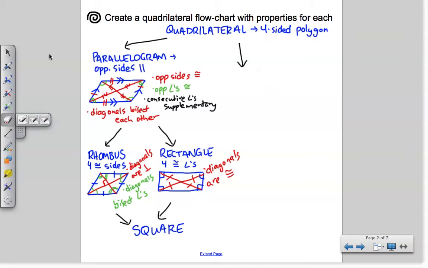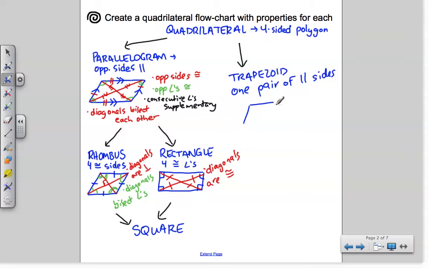I did everything in blue here, so I better do that again. By definition, what is a trapezoid? It has one pair of opposite parallel sides. So trapezoid, if it has these 2 parallel, there we go, 1 pair of parallel sides.